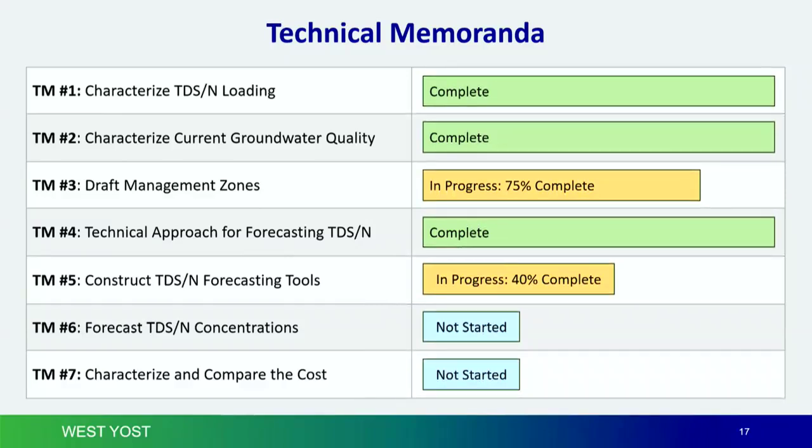We're looking at the beneficial uses and the beneficial uses thresholds. So I'll get into a lot of that here later in the presentation, but we're about 75% complete through that task. And then the actual forecasting in TM6, and then doing a cost analysis in TM7, those have not been started yet.